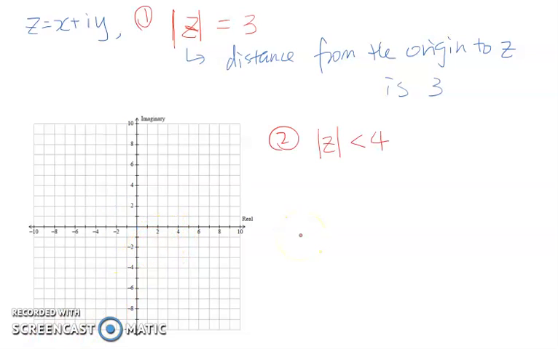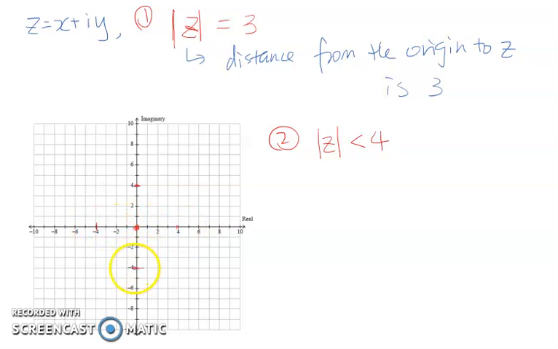Here's the second example. The modulus of this complex number is less than 4. Another way to interpret this is the distance from the origin to this complex number is less than 4. So from the origin, the distance is 4. We can see here, this is another option. We got lots of options here.